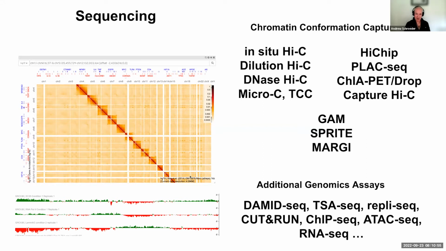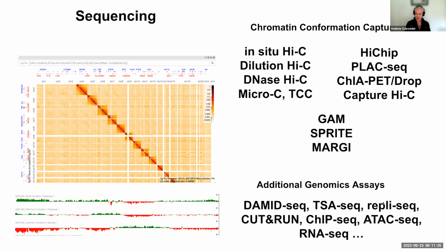To complement these chromosome capture, Hi-C type assays, we have additional genomic assays available in the portal. Those that look at the position of chromatin relative to nuclear structures like the nucleolus or the lamina, the MAD-ID and TSA-seq being examples of those.